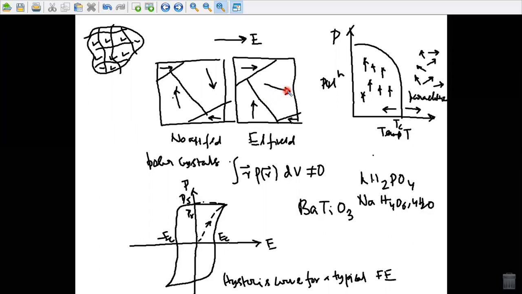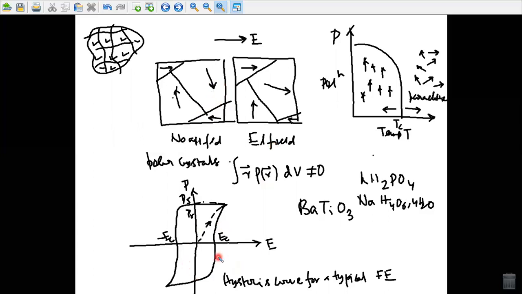The domains do not respond directly with the electric field, as domain orientation and growth is not a reversible process but involves losses. The polarization P is then non-linearly related to the electric field E by the hysteresis curve shown in this figure.